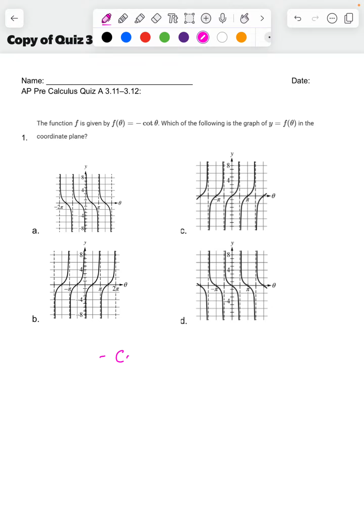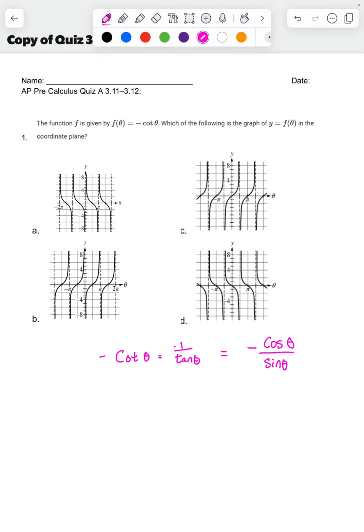So negative cotangent of theta is equal to two things. It's either equal to negative 1 over tangent theta, or it's going to be equal to negative cosine of theta over sine of theta.